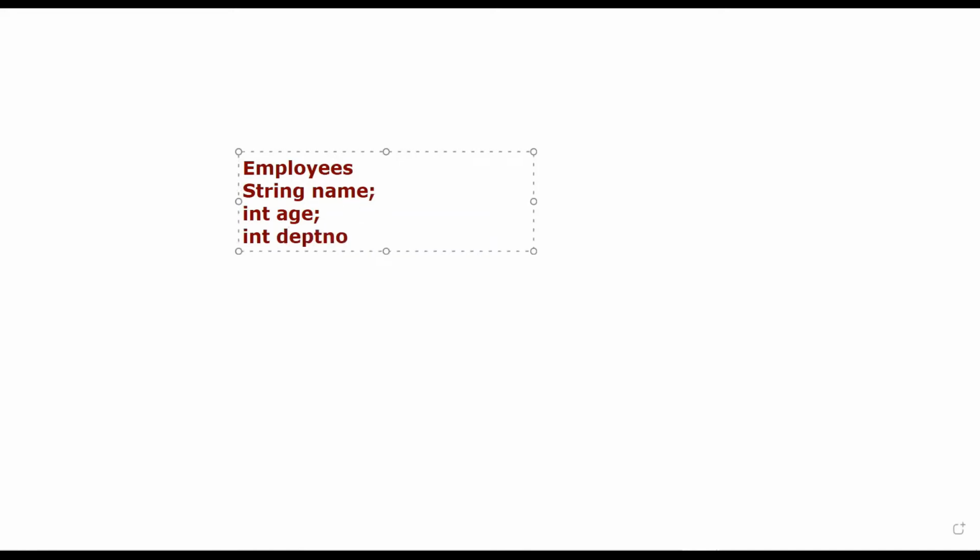Let's say guys, I've created an employees class and I've declared 3 global variables in it: string name, int age, then department number. Okay. Now I created 3 variables.